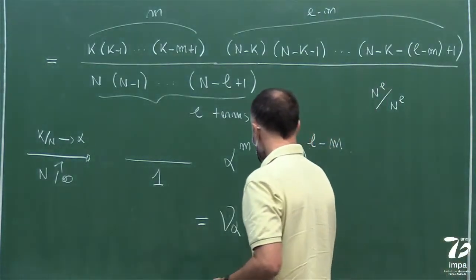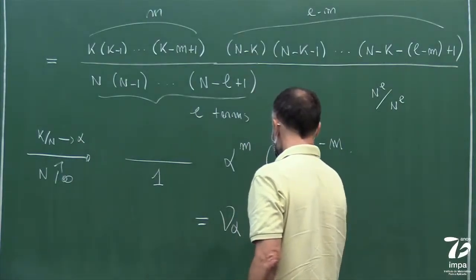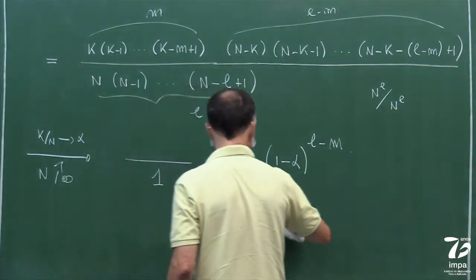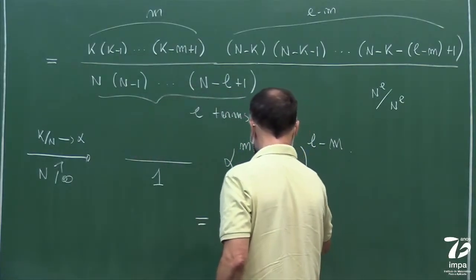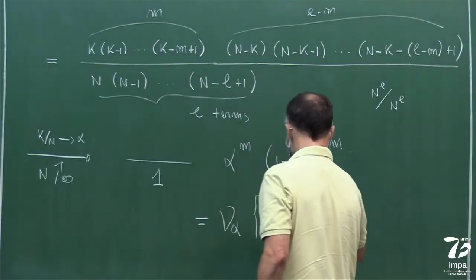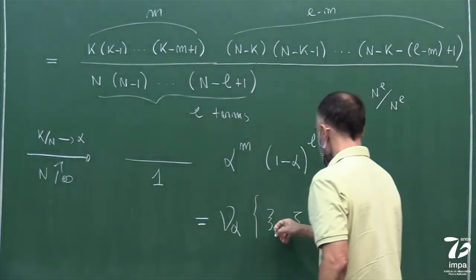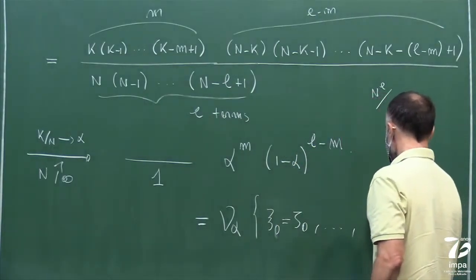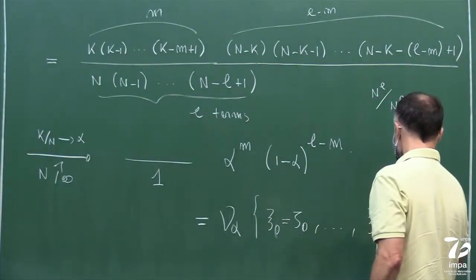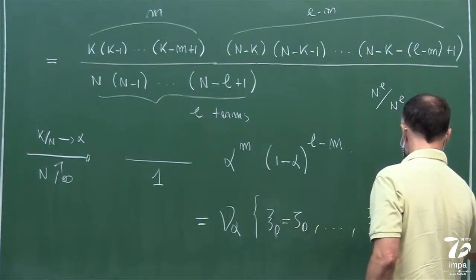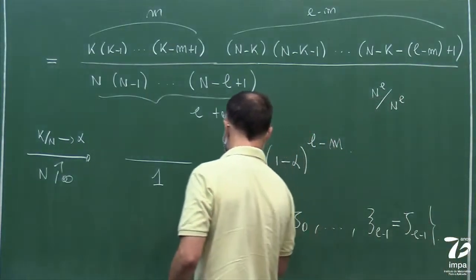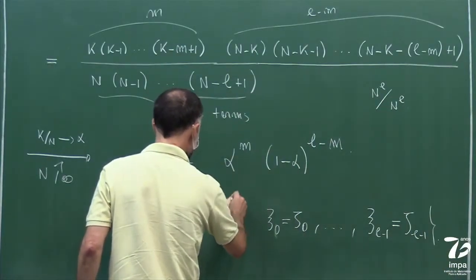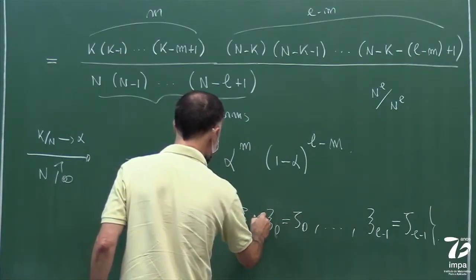So this is exactly the probability that xi 0 is equal to zeta 0, up to xi L minus 1 equal to zeta L minus 1. So this is mu alpha of all configurations xi such that.